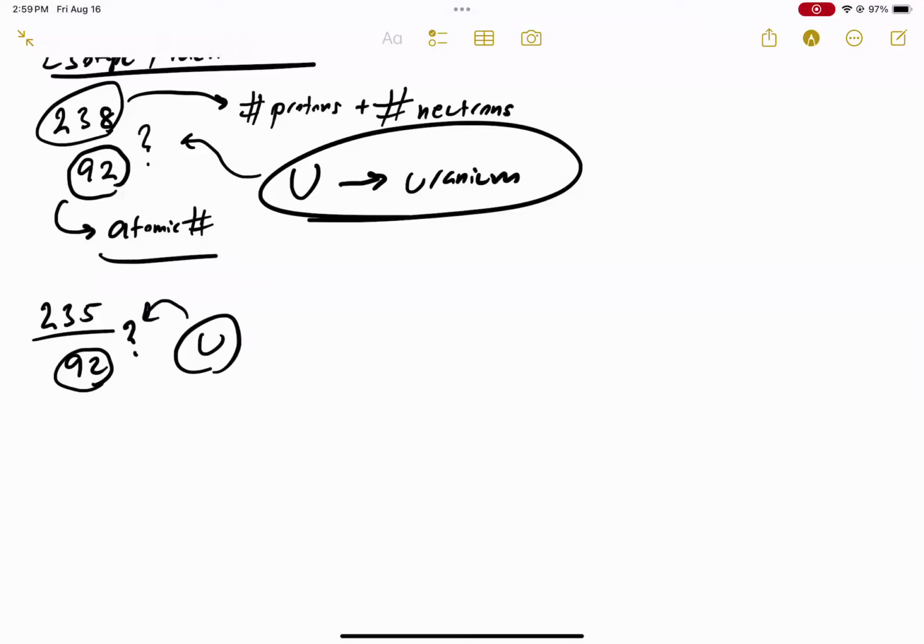The only difference is that the top uranium, uranium-238, has 3 more neutrons than the bottom uranium. I know that because we have 92 protons in both uraniums, because that's what defines a uranium. Because we have a difference of 238 and 235, the only thing that changed was the amount of neutrons.